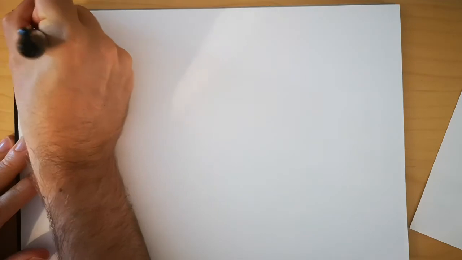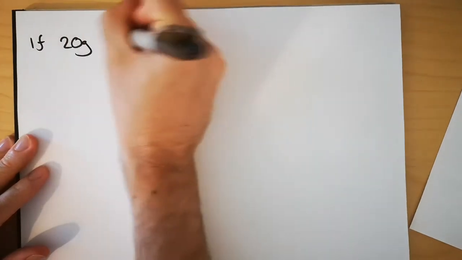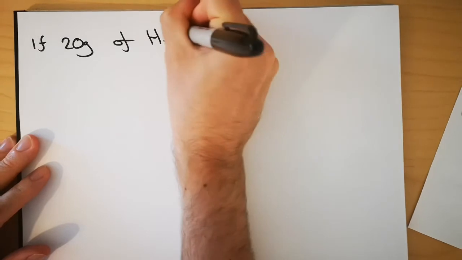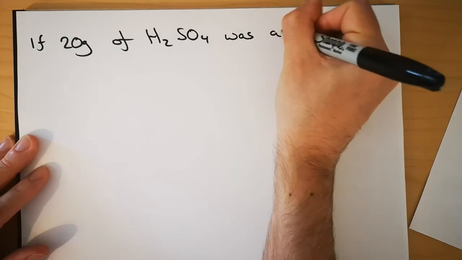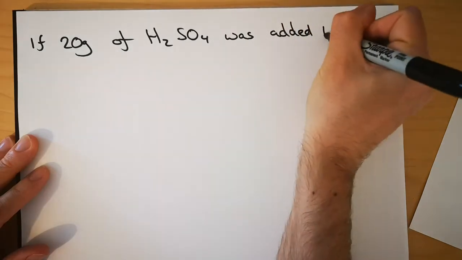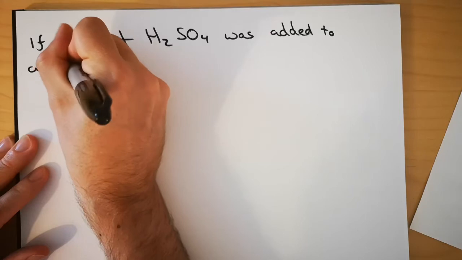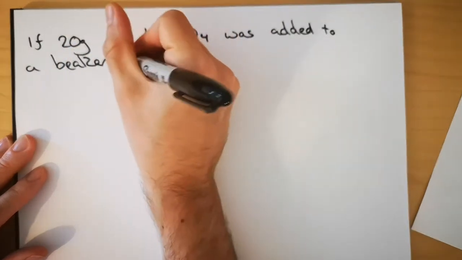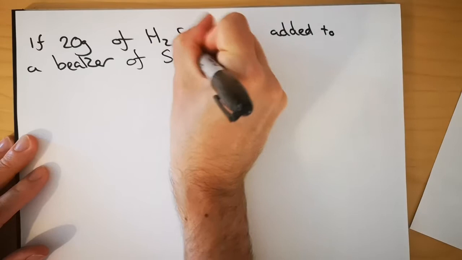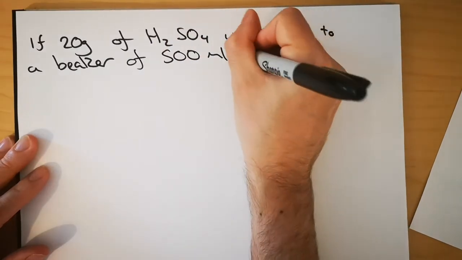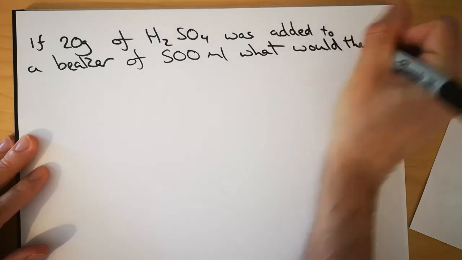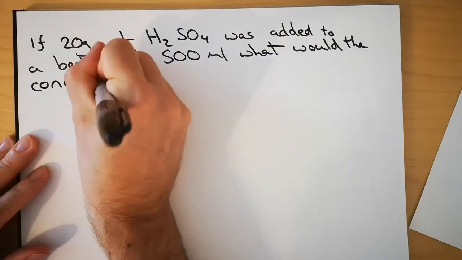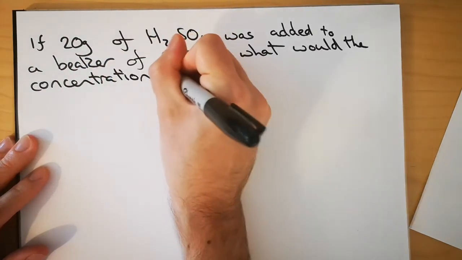So that was, if 20 grams of H2SO4, sulfuric acid, was added to a beaker of 500 milliliters, what would the concentration be?